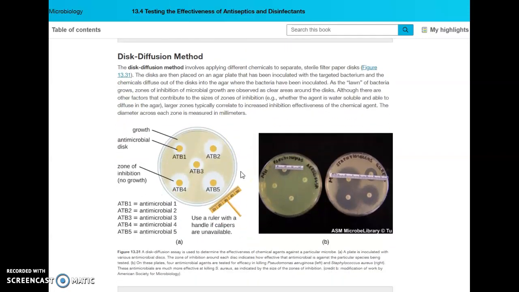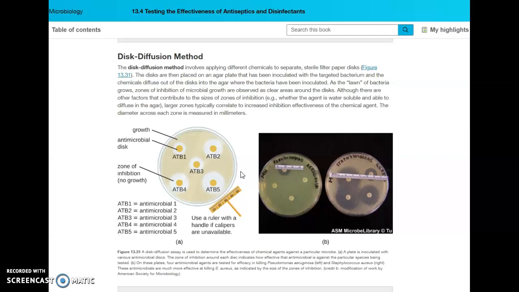Another method is called the disc diffusion method. In the disc diffusion method, this involves putting chemicals on sterile cotton or filter paper discs that are placed on a plate that has been covered with the bacterium that is being tested.